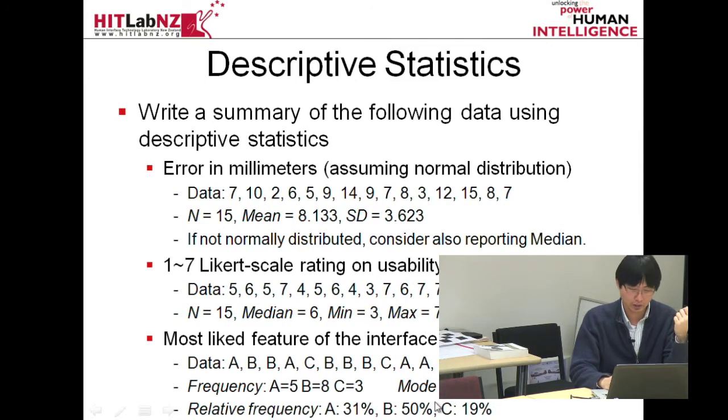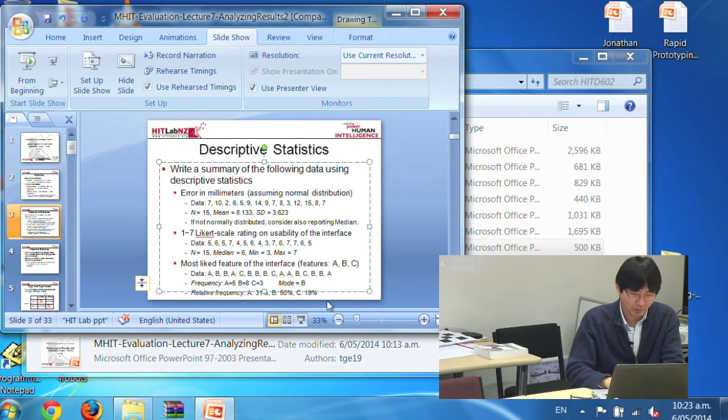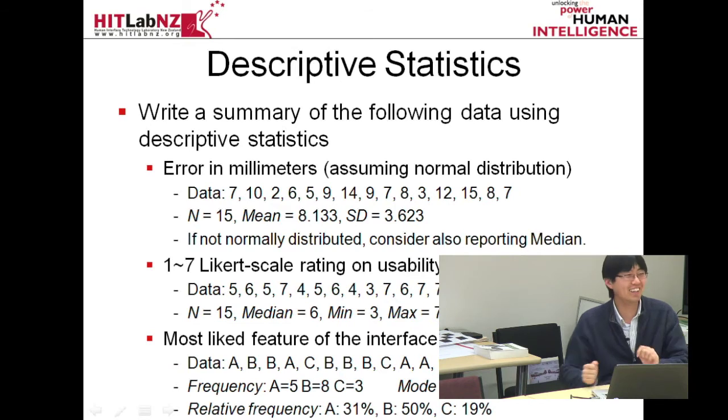And in this case, it's actually not A. That's a typo. So it should be B. Sorry about that. So B is the most frequent value.